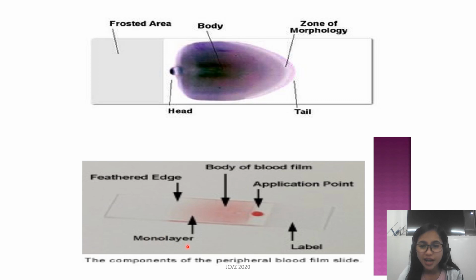The monolayer area is where you can find your zone of morphology. The zone of morphology is the area between the tail and the body, but it's found gearing towards the tail. So don't forget to remember these important parts or areas of our well-stained peripheral blood smear.